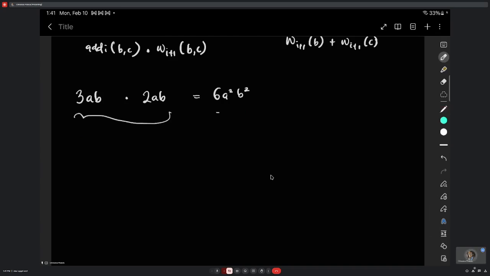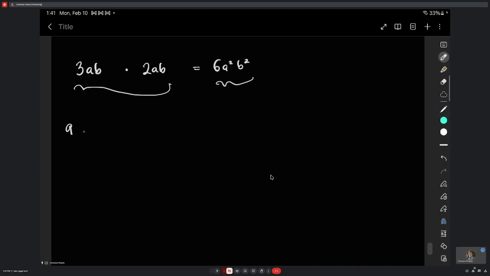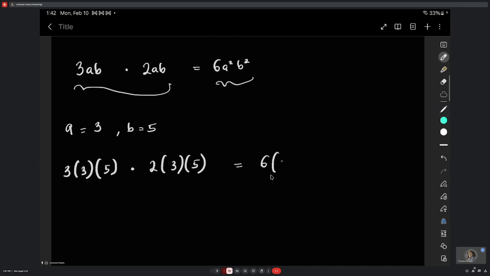If we evaluate with a equal to 3 and b equal to 5, we could do 3 times 2, which should be 6, and 5.